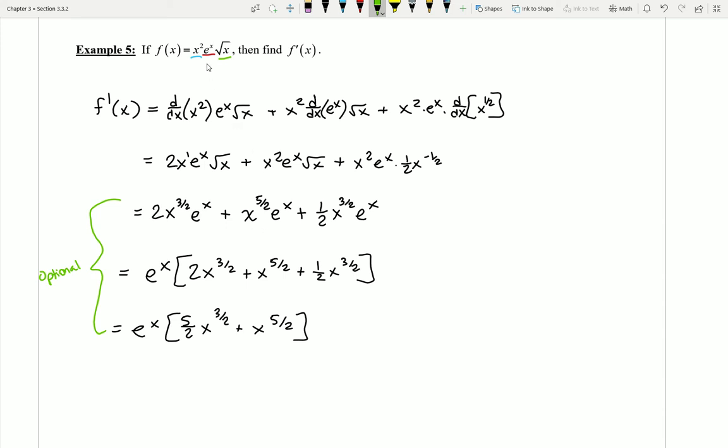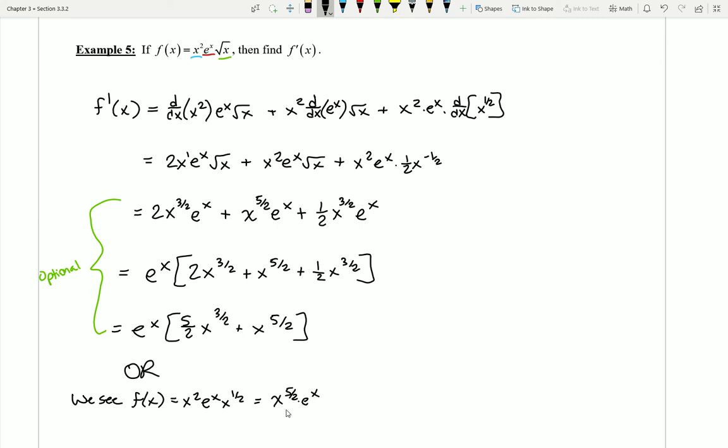We thought about this question as a product of three functions, but did we have to? I'm going to go down here and write a big or, and underneath it I'll say that we should be able to see that f of x could actually be rewritten, if I think about that square root x as x to the 1/2, as x to the 5/2 times e to the x.